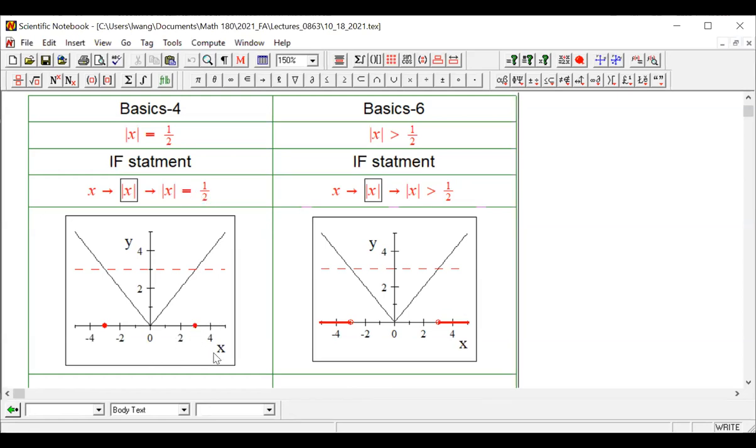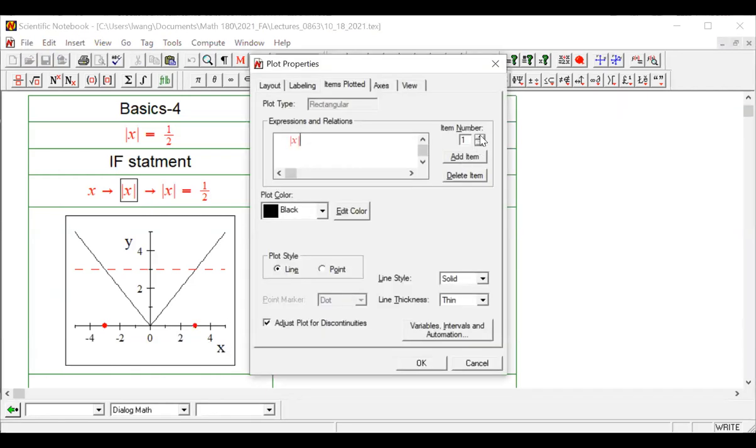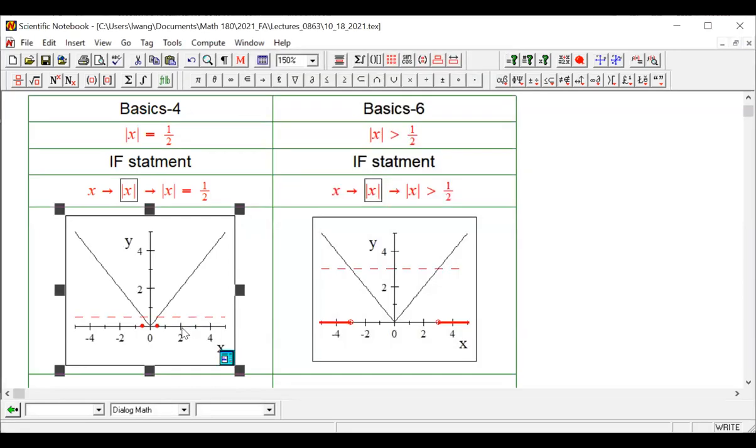Equal to half. So this time, if I adjust the picture, which I will, this is going to be half, right? And what else will be half? Negative half, positive half. Everything stays the same except it's just a different point. Do you guys see that?